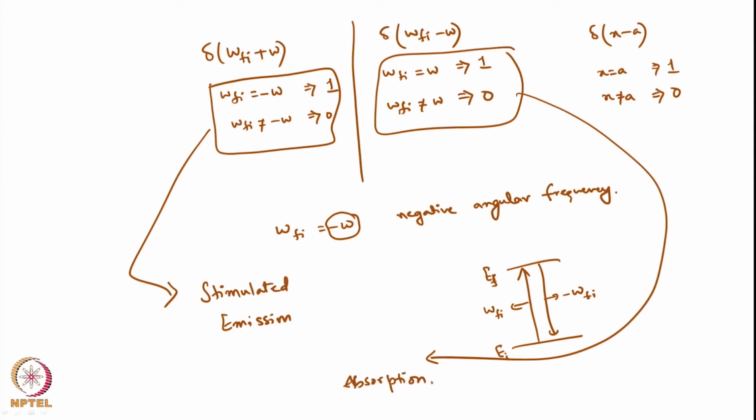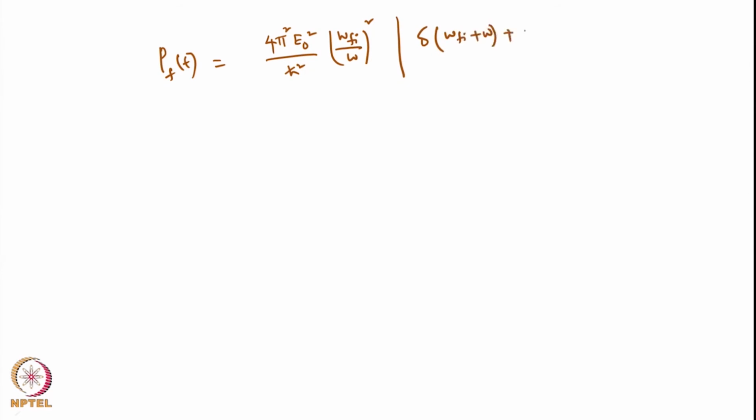Okay. Now, let us go back to our probability, that is nothing but P_f(t) = 4π²E₀²/ħ² (ω_Fi/ω)² |δ(ω_Fi + ω) + δ(ω_Fi − ω)|² |∫ψ_f ε·μ ψ_i|². Now, there are two terms, this one and this.